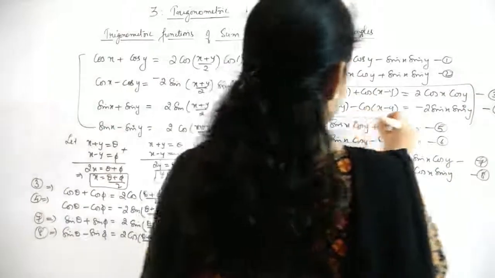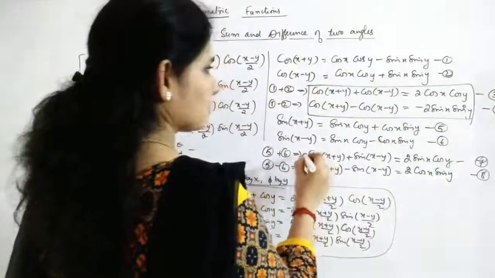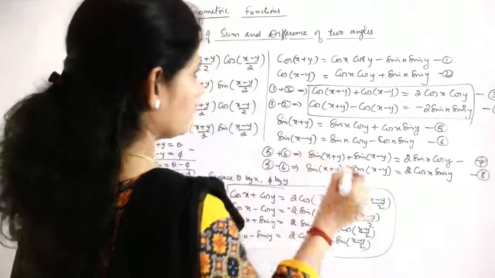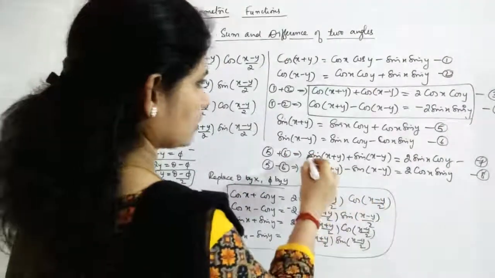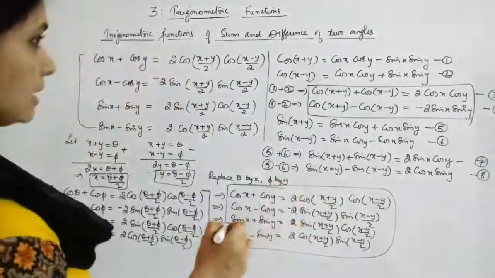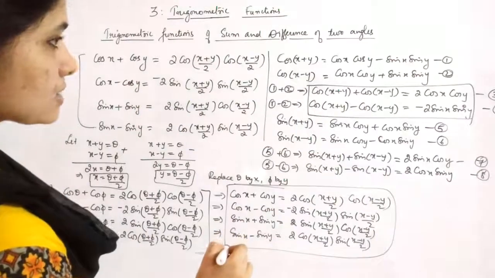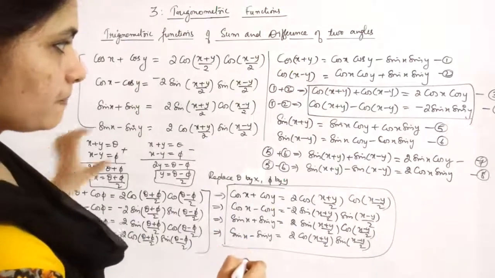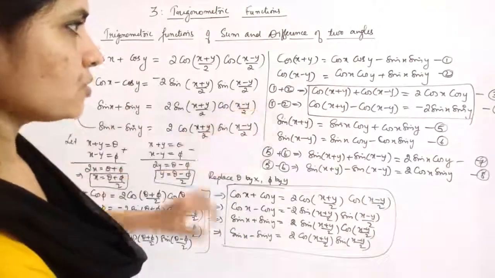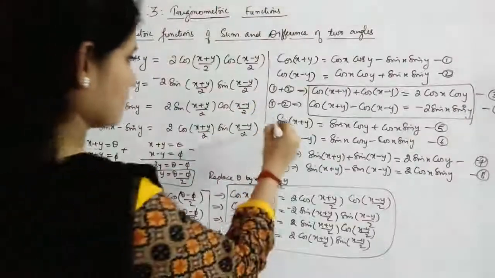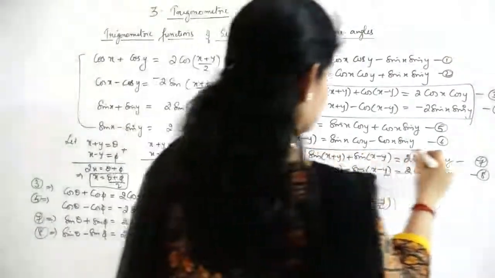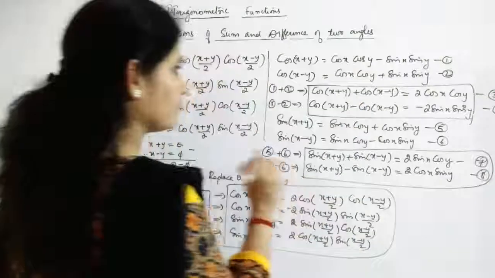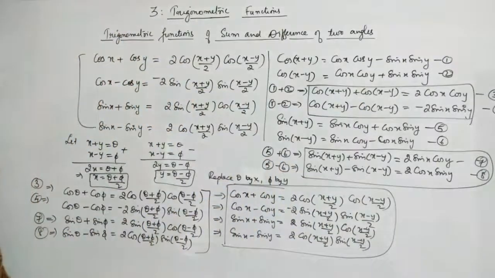These are equations 3, 4, and again 7, 8. Then you have 1, 2 as well as 5, 6. All these are formulae we have just derived.